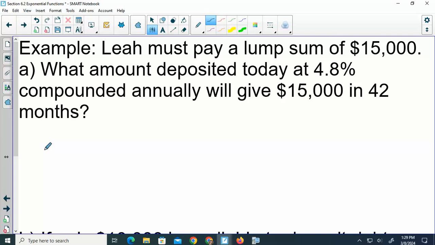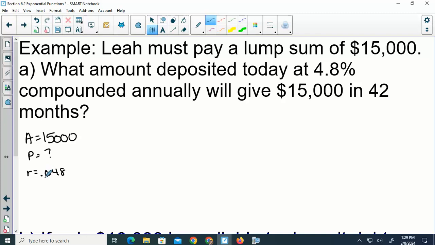Leah must pay a lump sum of $15,000. What would that represent? A. That's what we need to have in the future, not what we have right now. So our A here is 15,000. What amount deposited today? So I'm asking you, how much do we need right now? So we're looking for P. At 4.8%, so the rate would be 0.048.